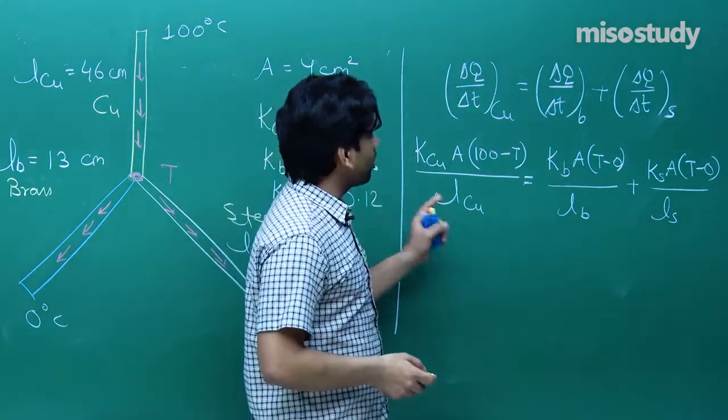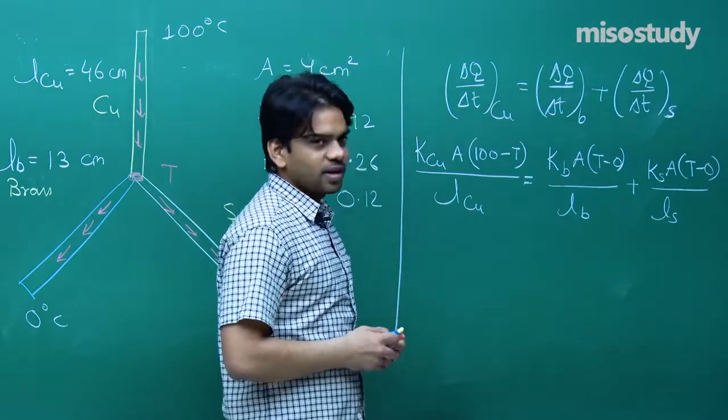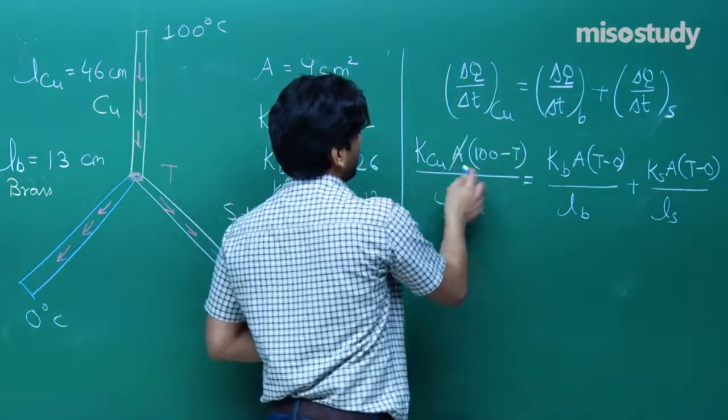K of copper is given, L of copper is given, L of brass is given, L of steel is given. Everything we can place with proper values. A and A will be cancelled out.